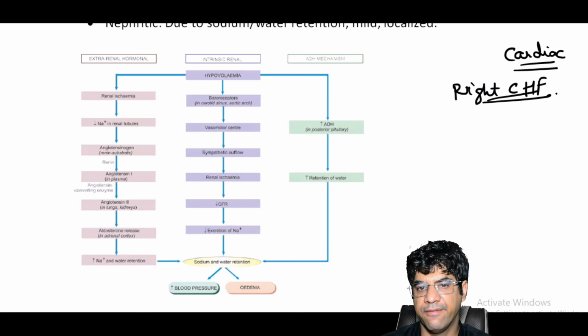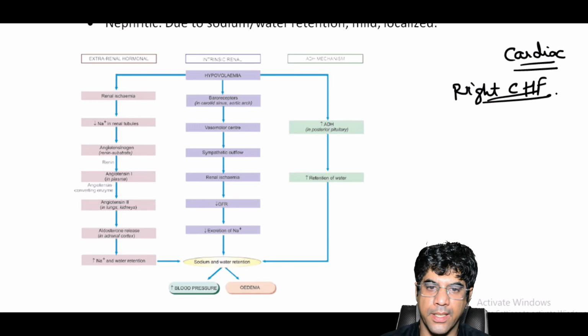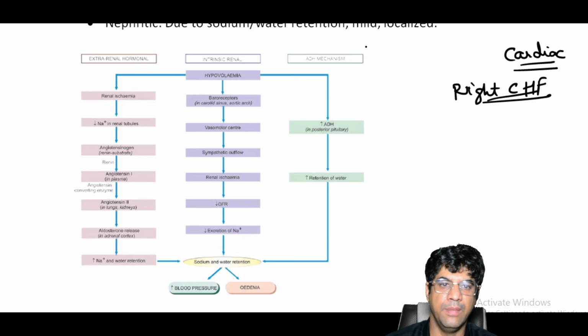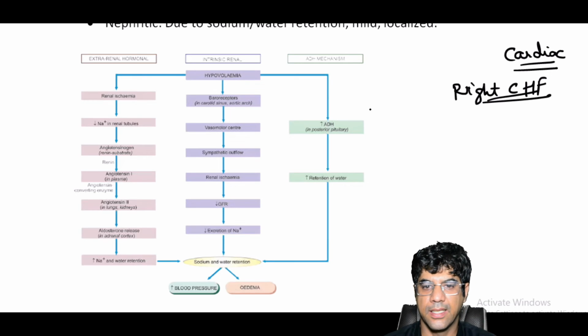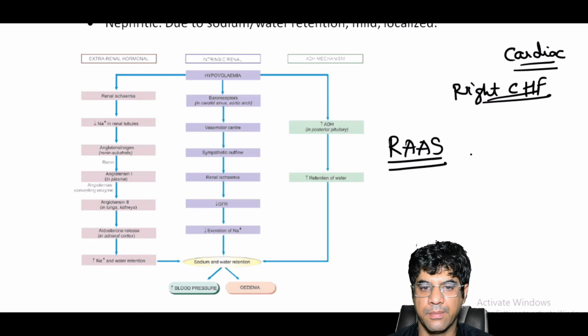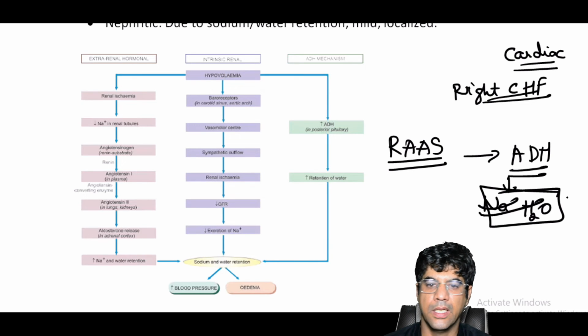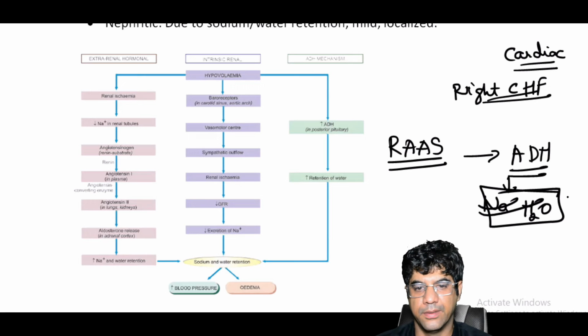When the heart fails to pump effectively, the amount of blood the heart pumps out decreases. That leads to lower blood volume, that is hypovolemia. The body responds by activating the RAAS system again and releasing ADH, which would retain sodium and water, leading to fluid retention as well as edema.